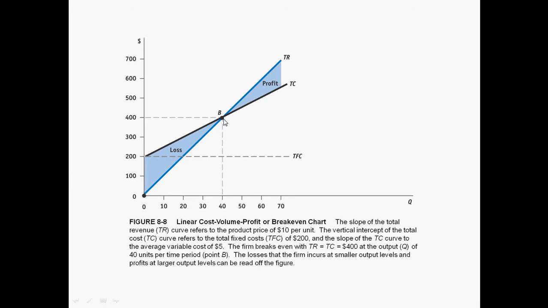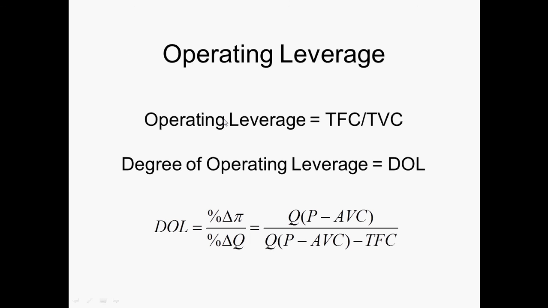If you're at B, operating leverage would be 1, because those are the same thing. And this degree of operating leverage is just a variation on the same concept.